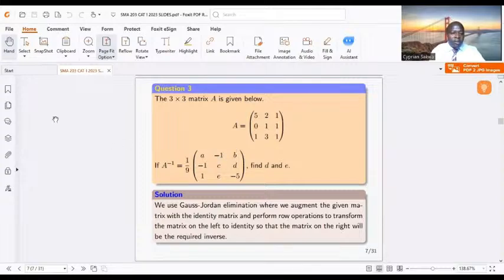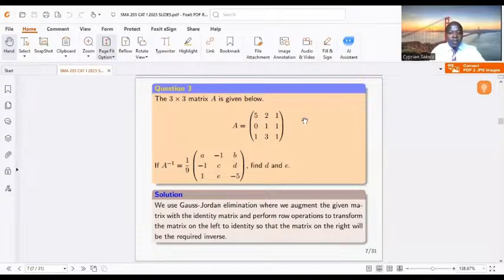And the other method, which is the method I'm using, is Gauss-Jordan elimination, where I write this matrix and I augment it with the identity matrix, and then perform row operations on those two matrices so that I transform the matrix on the left to the identity matrix.